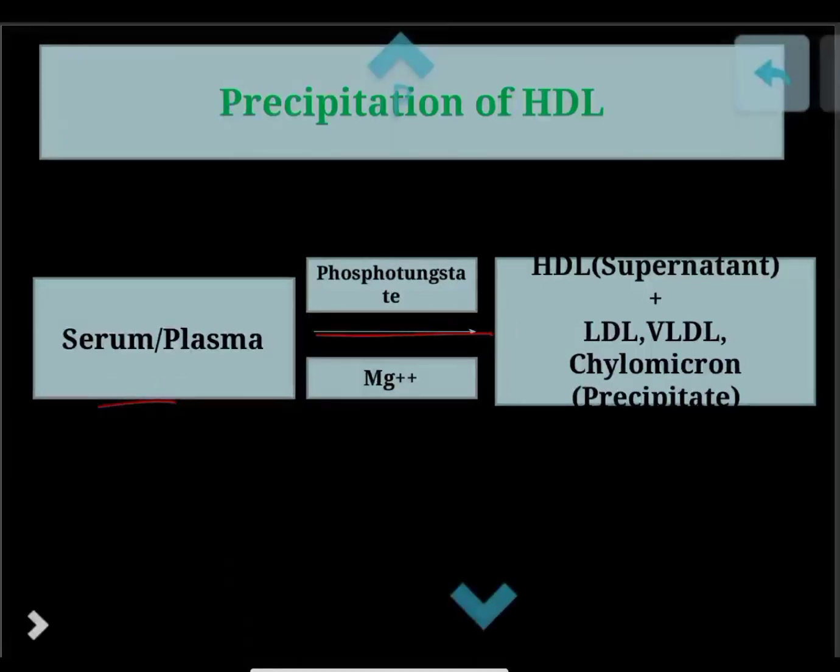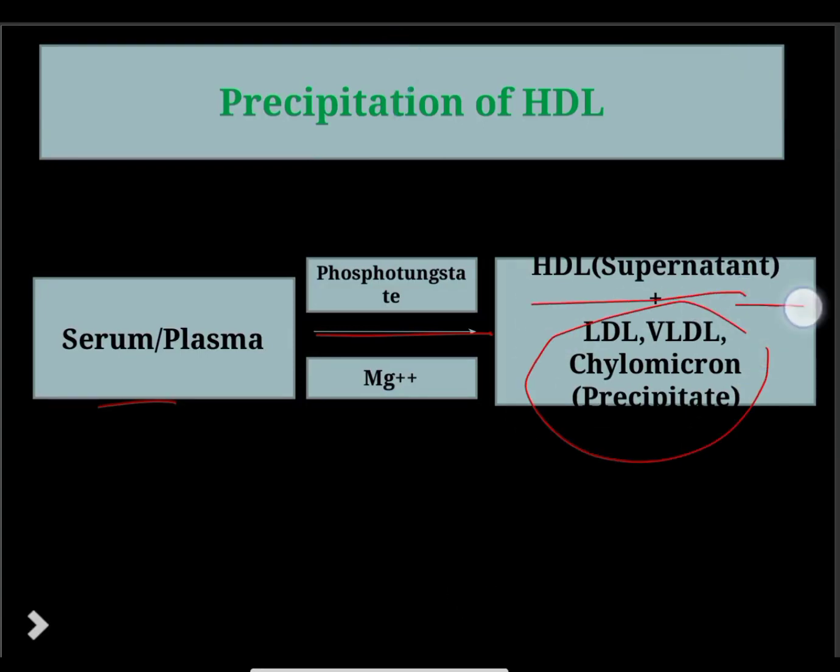Phosphotungstate is added for precipitation, and it gives LDL, VLDL, and chylomicron precipitate and HDL supernatant. HDL stays in the supernatant and floats on the surface of the tube, while LDL, VLDL, and chylomicrons are precipitated and sit at the bottom of the tube.